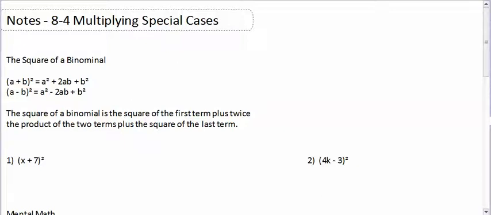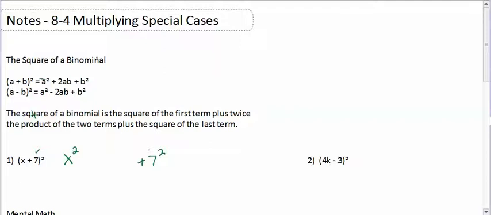Okay, so now on your homework, I'm going to go through examples from each of your homework problems that you have to do today. The first one is x plus 7 squared. If I use the rule for the square of a binomial, I square the first term. I square the second term, which is 7, so it's 7 squared.